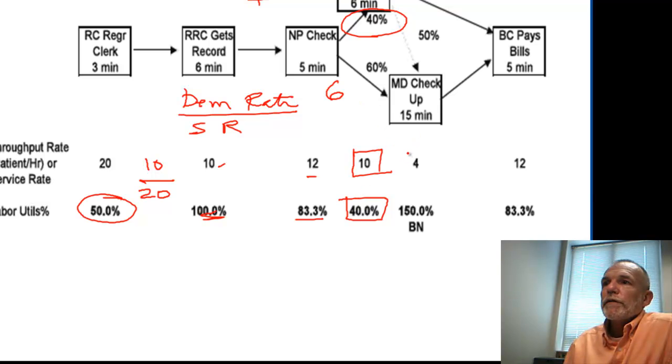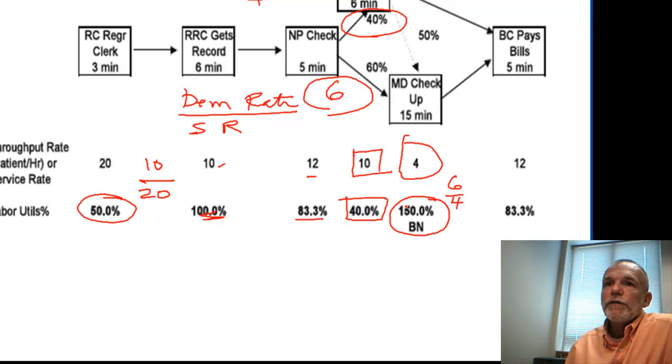Over here we've got a demand of 6 per hour and a service rate of 4 per hour, so that would give us 6 divided by 4. That's why we have the 150% labor utilization at this step. Again, that would be our bottleneck rate.